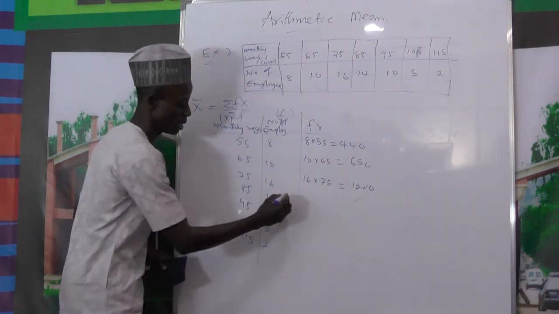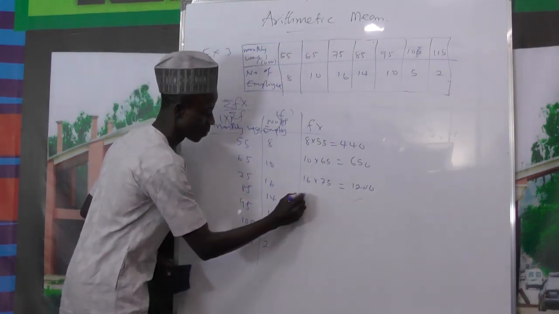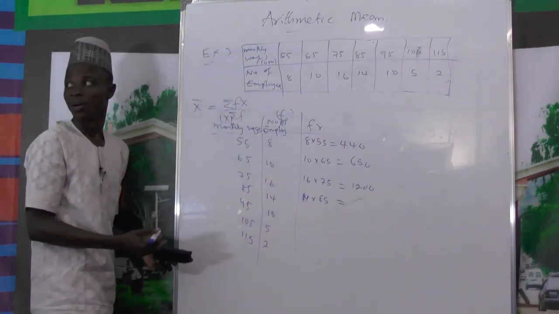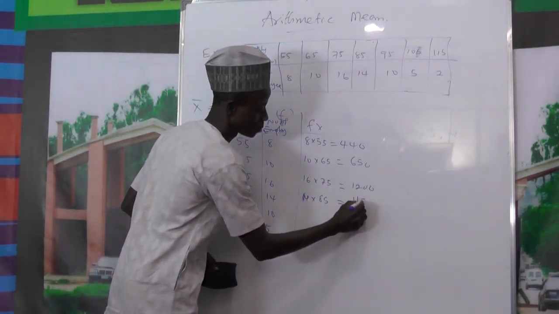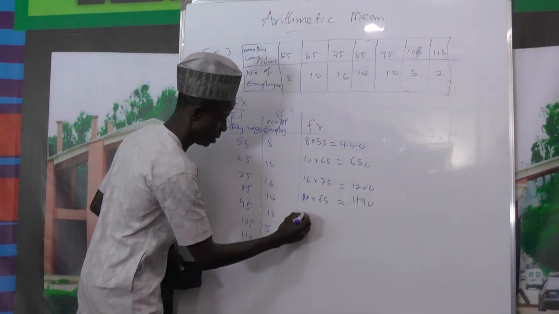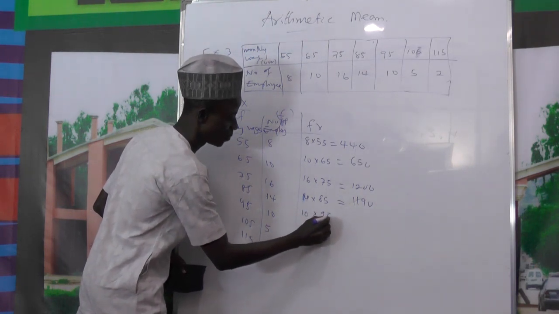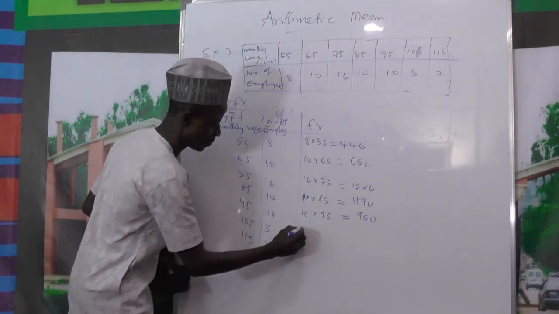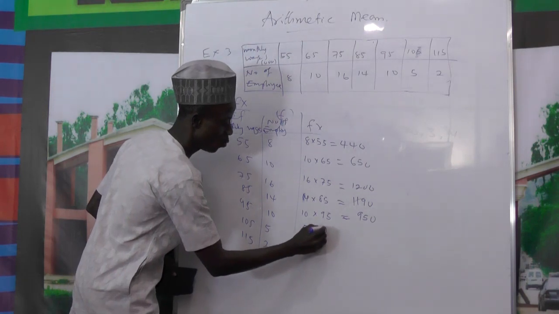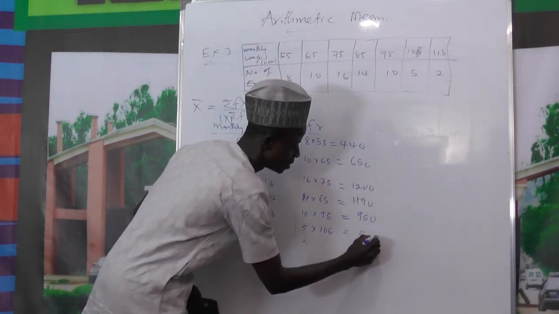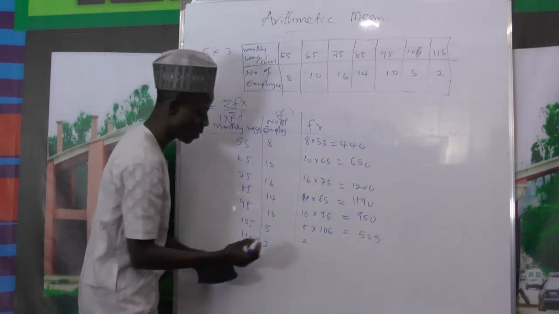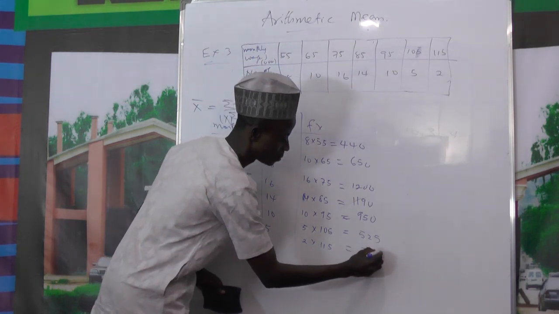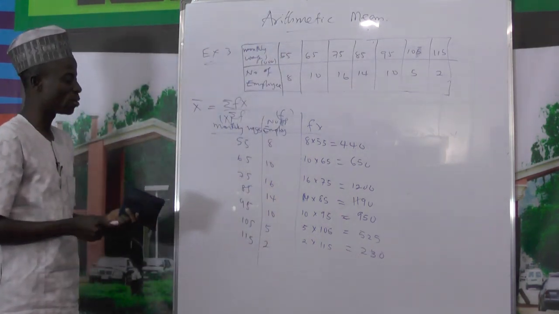Then the next one will be 14 multiplied by 85, which will give us 1190. Then the next one will be 10 multiplied by 95, which will give us 950. Then the next one will be 5 multiplied by 105, which will give us 210. Then the last one, 2 times 115, will give us 230. So that is the multiplication of our f and x.